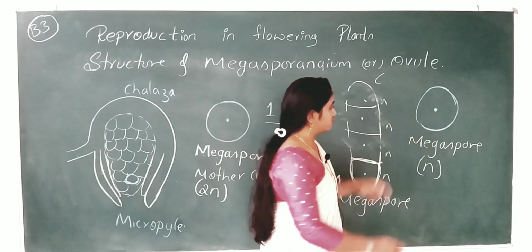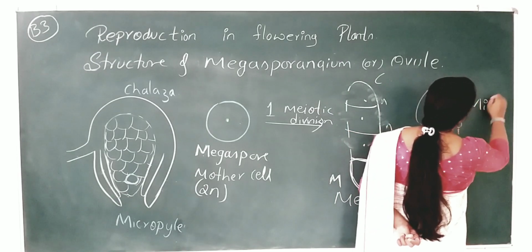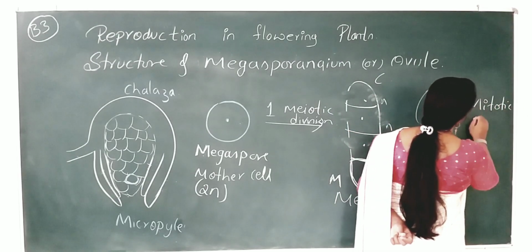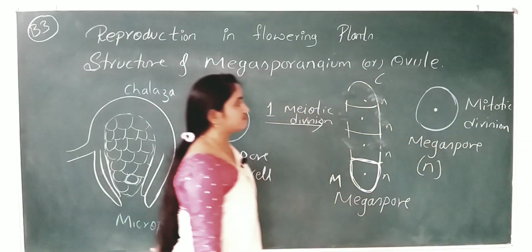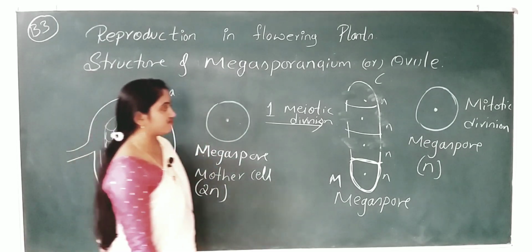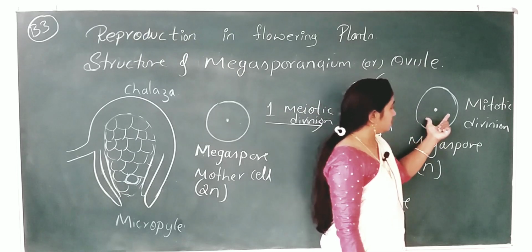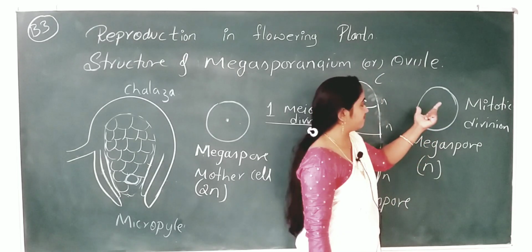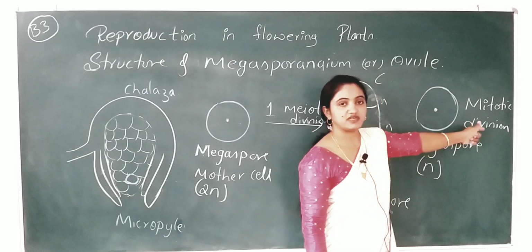In the megaspore, mitotic division takes place. The meiotic division is over now, and we have half of the chromosomes in the megaspore. To develop further, it should undergo some divisions.